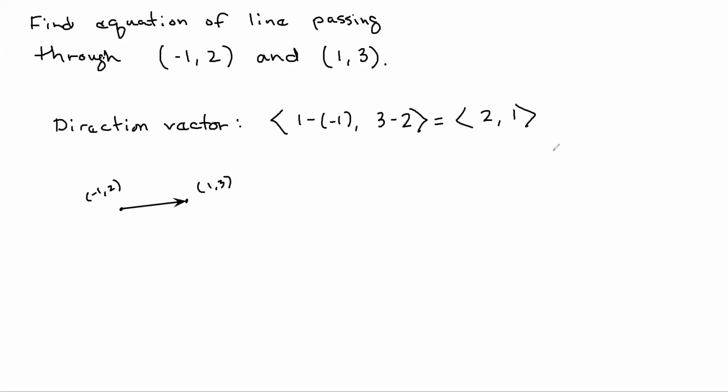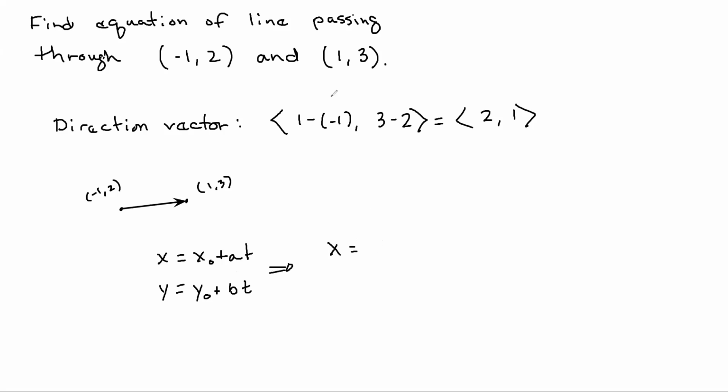Okay, so once we have this vector, all of the heavy lifting has been done, and we can go right to our solution. x equals x naught plus at, y equals y naught plus bt. Just take that and plug in the information we have.